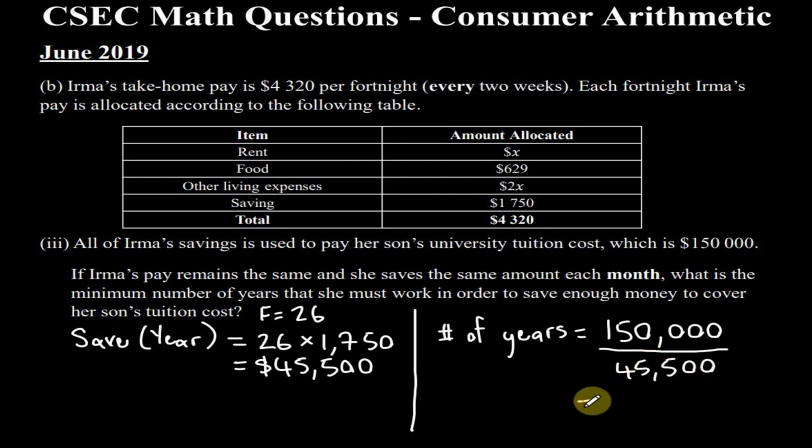To see how many 45,500 we can get out of 150,000, which is actually telling us how many years we'll need to save, because this is what we get per year. So the amount of 45,500 we can get out of 150,000, that value also represents the number of years that Irma will have to save for in order to come up with her son's tuition.